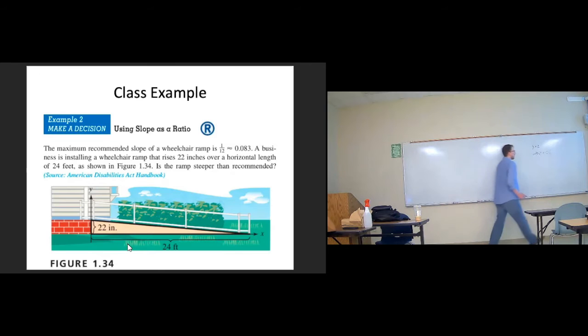And that's just because of the way these values reduce, right? So we're going up 22 inches. That's our delta y. And our delta x is going to be 24 feet. But to put that into inches, we multiply by 12.